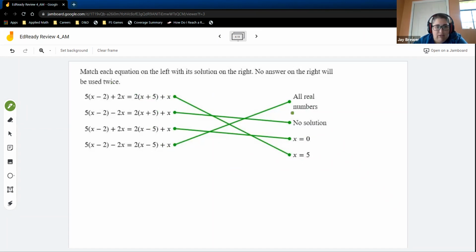And you would have to put in the lines. So you could choose to kind of plug and chug in a way. But if you did that, you would notice that for this one, 5 and 0 would both work. If 5 and 0 both work, then that means everything would work, because that says all real solutions. Okay.